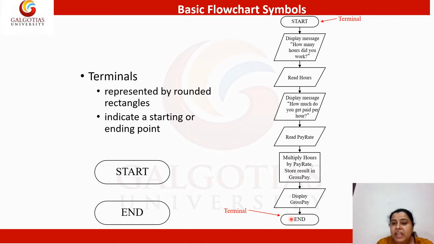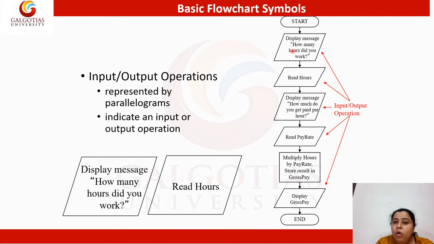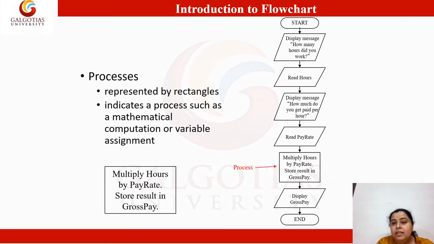Then for all input and output operations, where we are taking input from the user or giving an output to the user, we need to use a parallelogram, right? And when we are calculating something, like calculating the gross pay, that's the process, right? So this is a simple flowchart, and this is how we use a flowchart.